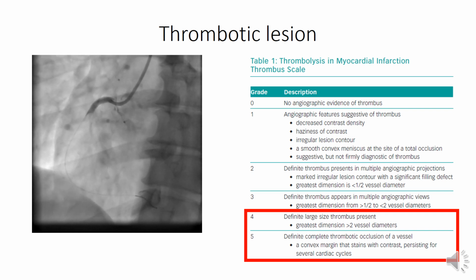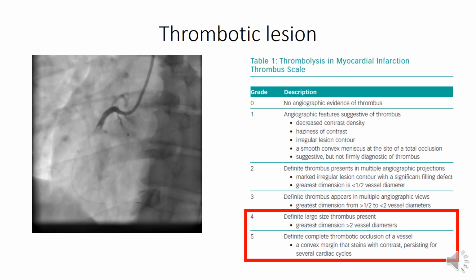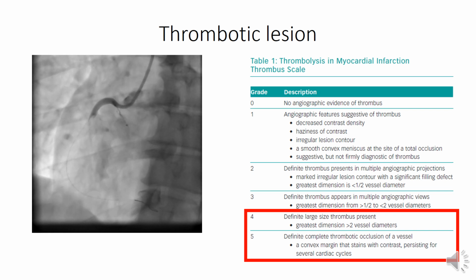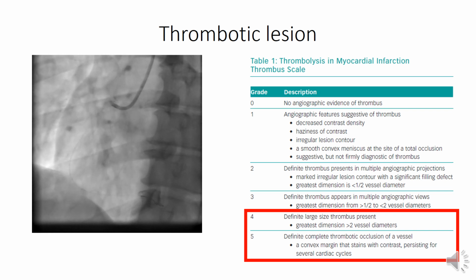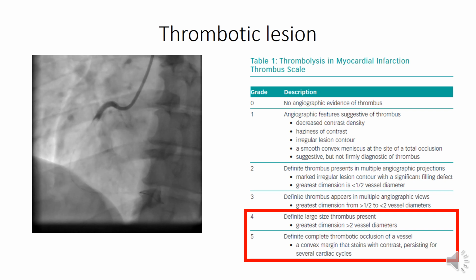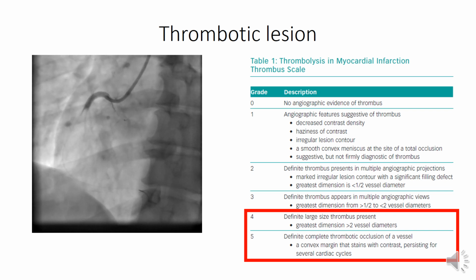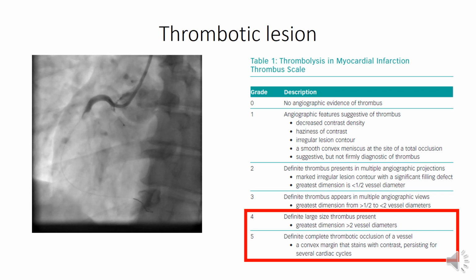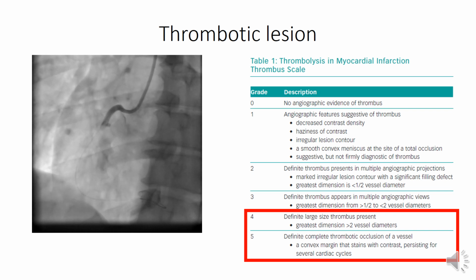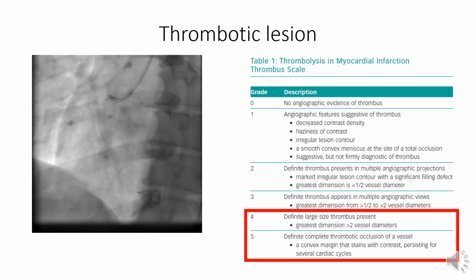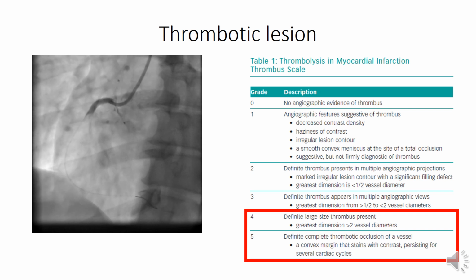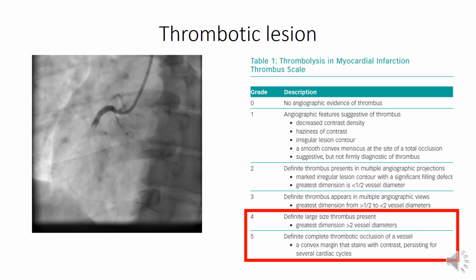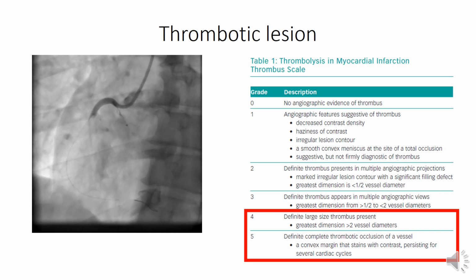Grade 5, we have total occlusion of the vessel, as we see here, even after wiring of the vessel. This is called TIMI 5 thrombus grade. If we have flow distally, but we see a filling defect that is in its greatest dimension more than double the vessel diameter, it is grade 4 thrombus burden.